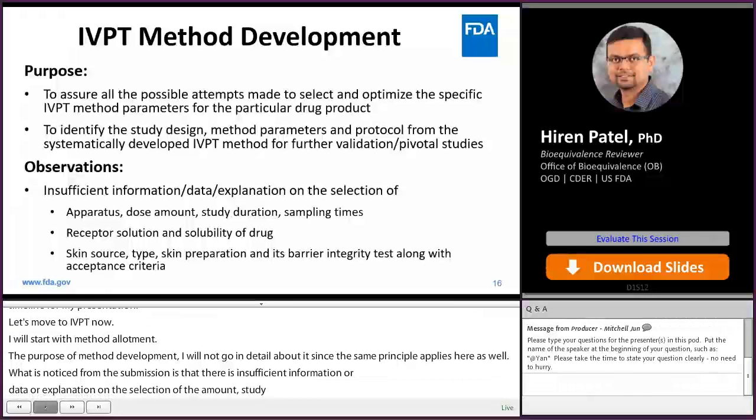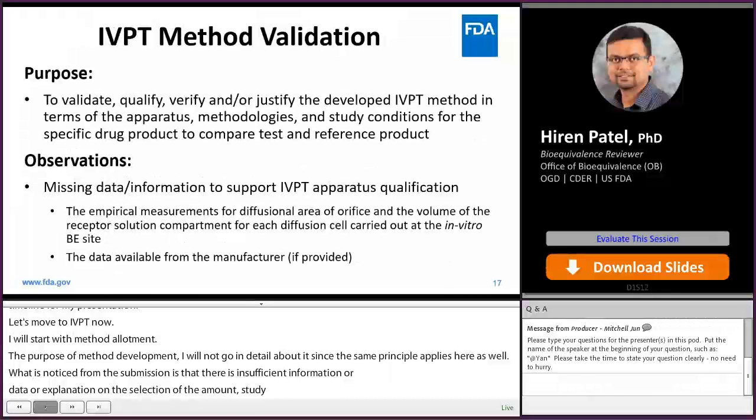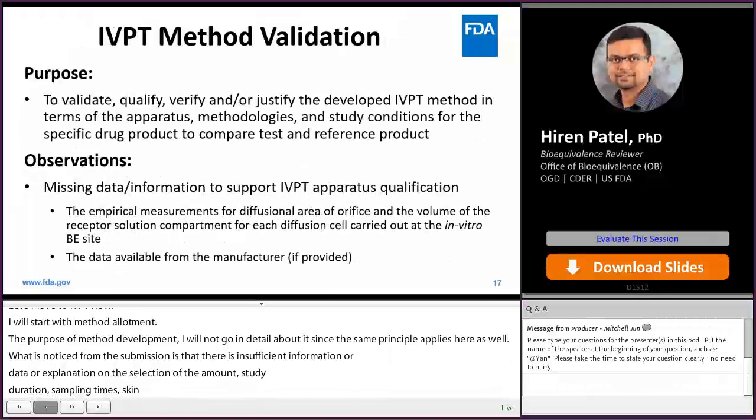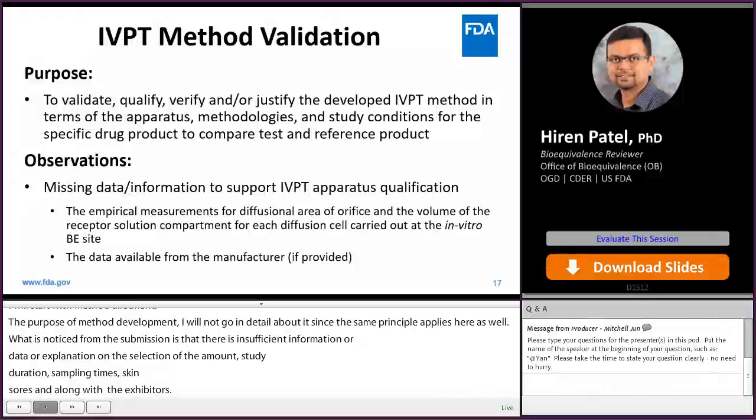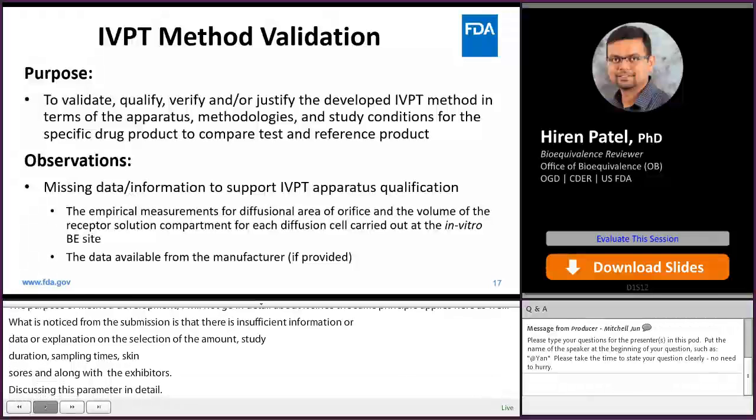I will be further discussing these parameters in detail in the validation section. Quite similar to IVRT, the same principles apply to IVPT validation as well, and I will not go into detail in the interest of time. Similarly for IVPT apparatus qualification.